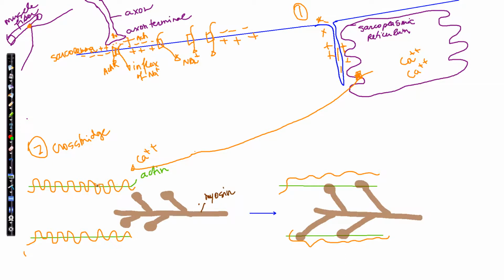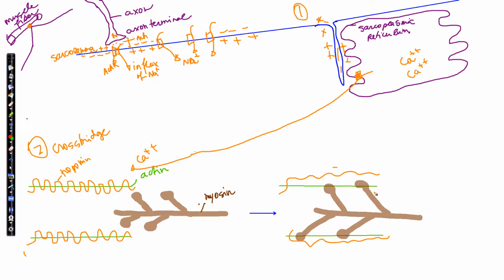You also have this orange filament here that is called troponin. Troponin is attached to actin in the absence of calcium. Once calcium is playing its role, troponin detaches from actin. So then troponin is here now, detached from my actin.